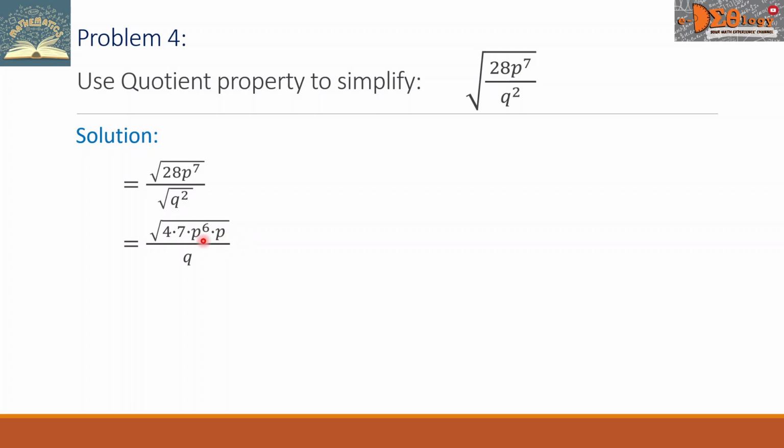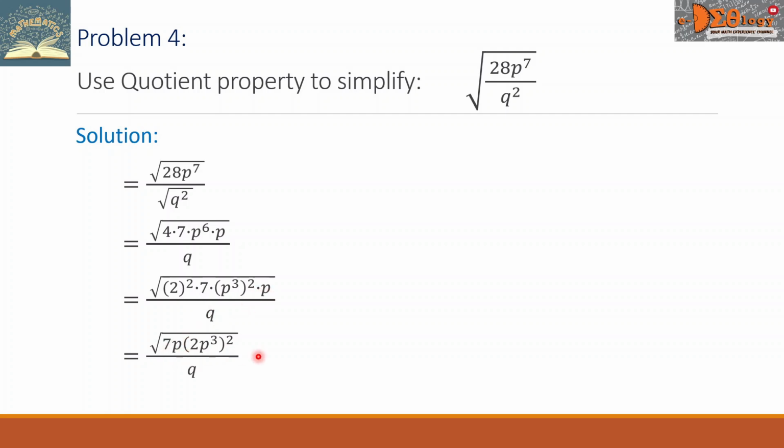Now let us show the perfect square numbers in square form. For the number 4, we can write 2 squared. For p raised to 6, we can write p cubed, raised to power 2. From here, we combine those terms with power 2. So the number 2 and the p cubed will come together as 1. Then we put together the 7p in the front.